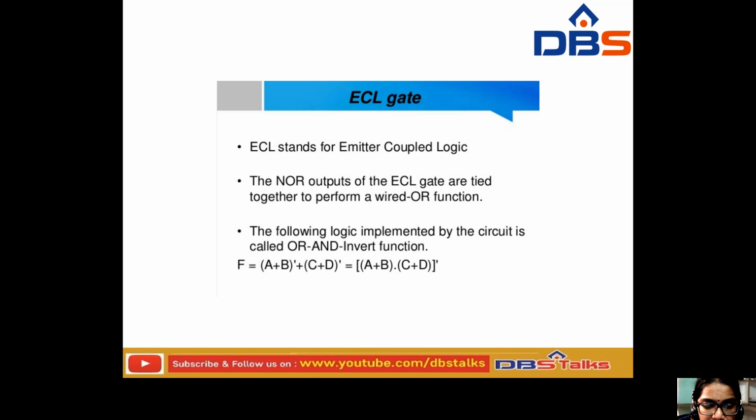So (a plus b) whole dash plus (c plus d) dash is equal to (a plus b) into (c plus d) whole dash. From that we can store, but that is a highly risky task, that some other thing we should not perform like that. So by using the emitter coupled logic, the NOR outputs of the ECL gates are tied together to perform the wired operation.